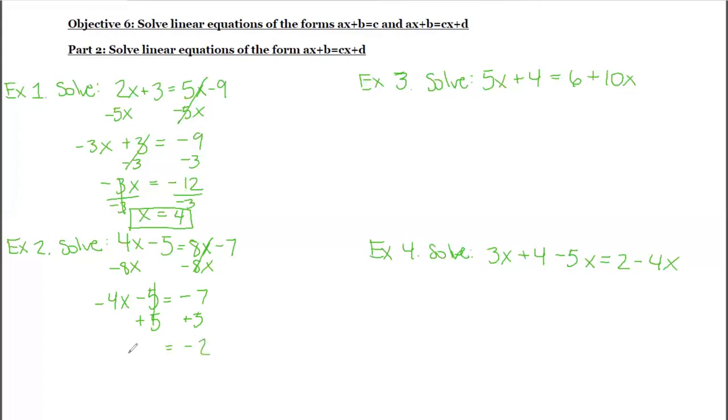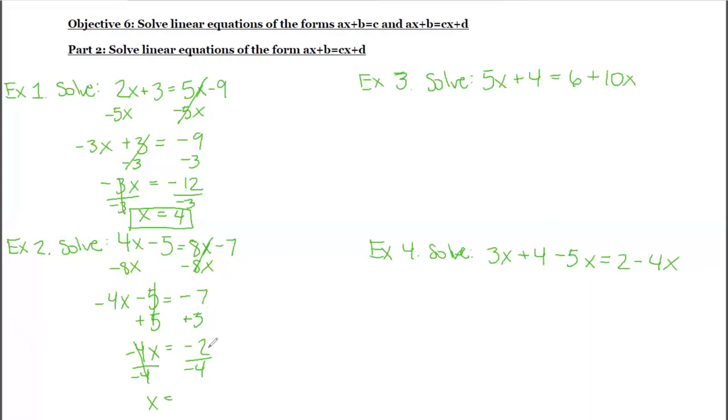On this left side, we still have our negative 4x. So the negative 4 is being multiplied by the x, so we need to divide it to get rid of it. So negative 4 over negative 4 is 1. So on this side, we just have 1 times x, which is just x. And on this side, we got -2 divided by -4.